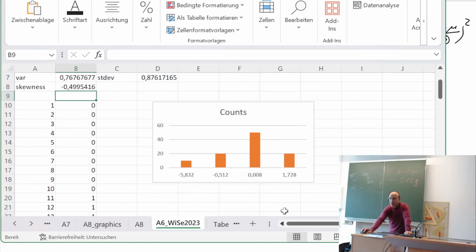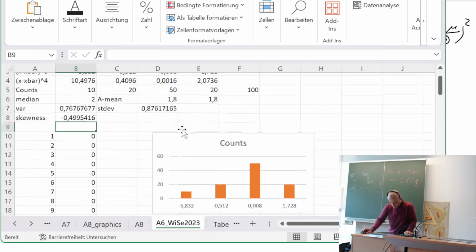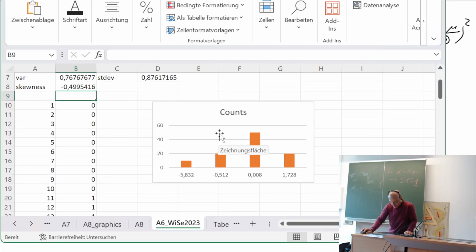And if we look at the distribution, then this is also okay, because here on the left side we have a little bit more data, and our arithmetic mean is also, oops, why is it here, the 0.8? I think this is because I copied something in a wrong way.